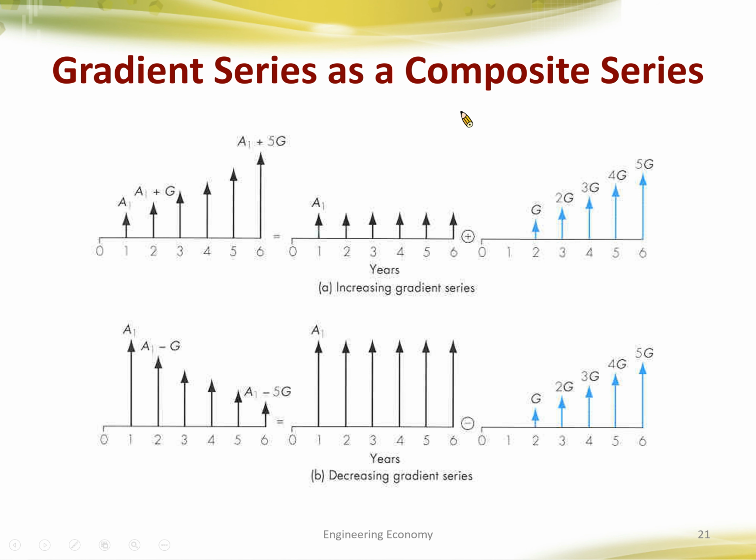So if we divide the increasing gradient series into two series, we get one series of equal payment.